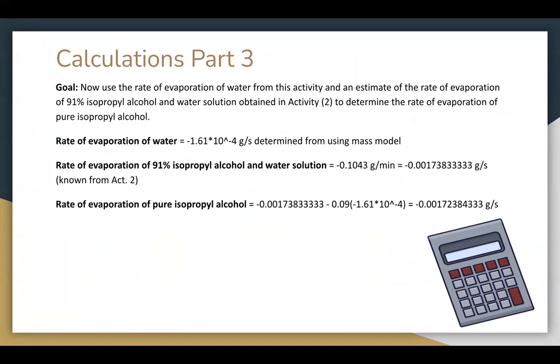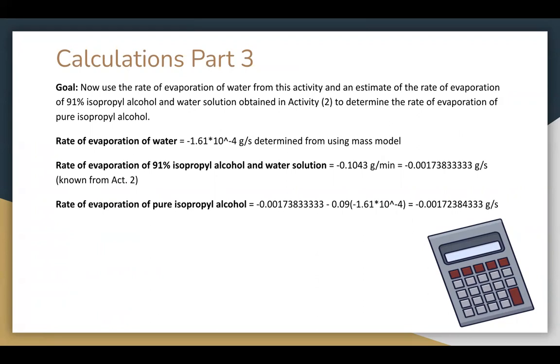We converted that into the same units as we calculated for water, which turned out to be about 0.00174 grams per second. Our goal was to find the rate of evaporation of pure isopropyl alcohol, which means a 100% isopropyl alcohol solution.